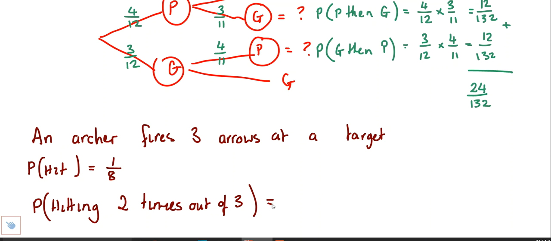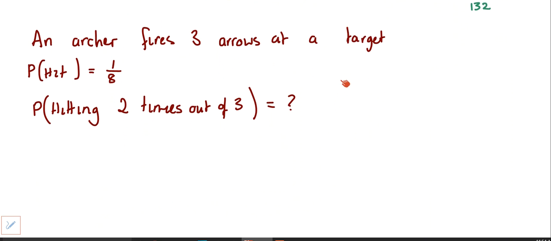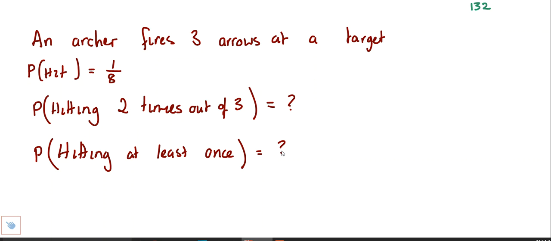What is the probability of hitting it twice? I would then like you to try and answer what is the probability of hitting at least once. I want you to have a go, see whether you can do it.